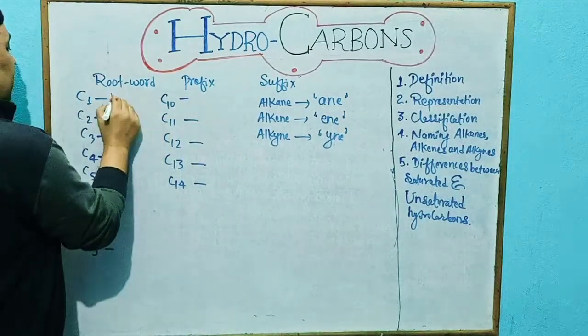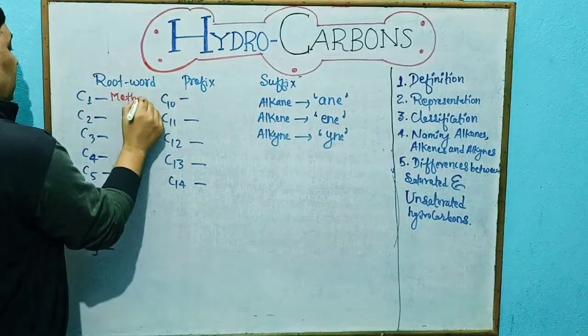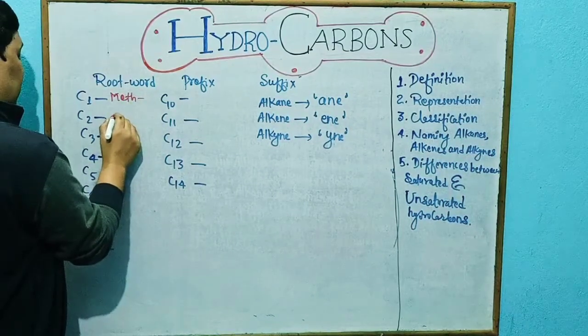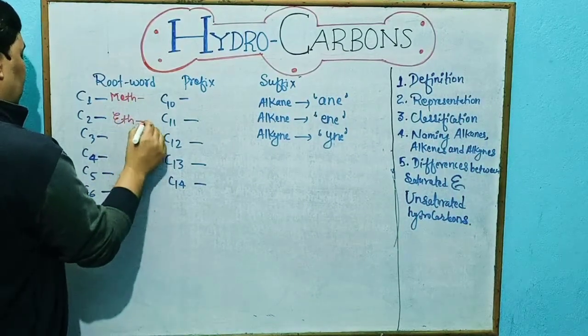For 1 carbon atom we use meth. For 2 we use eth.